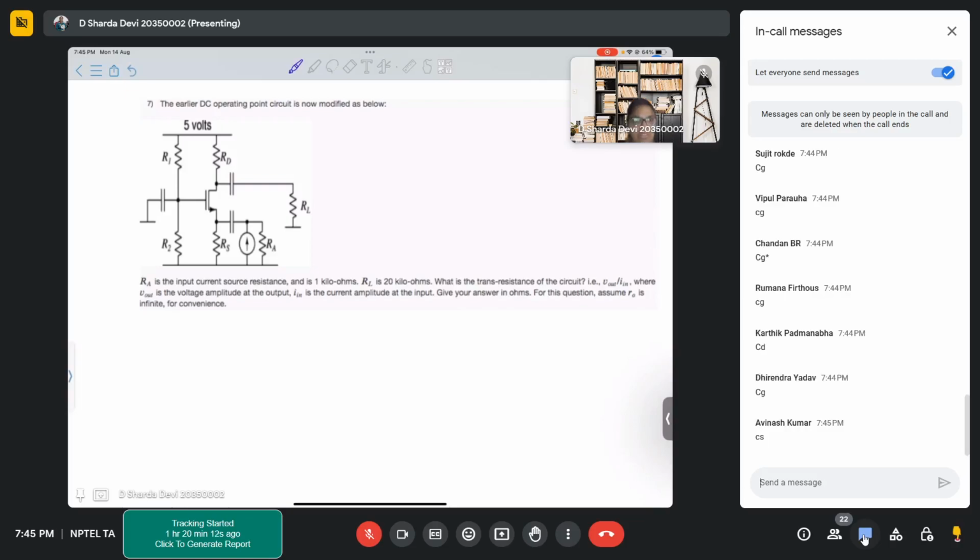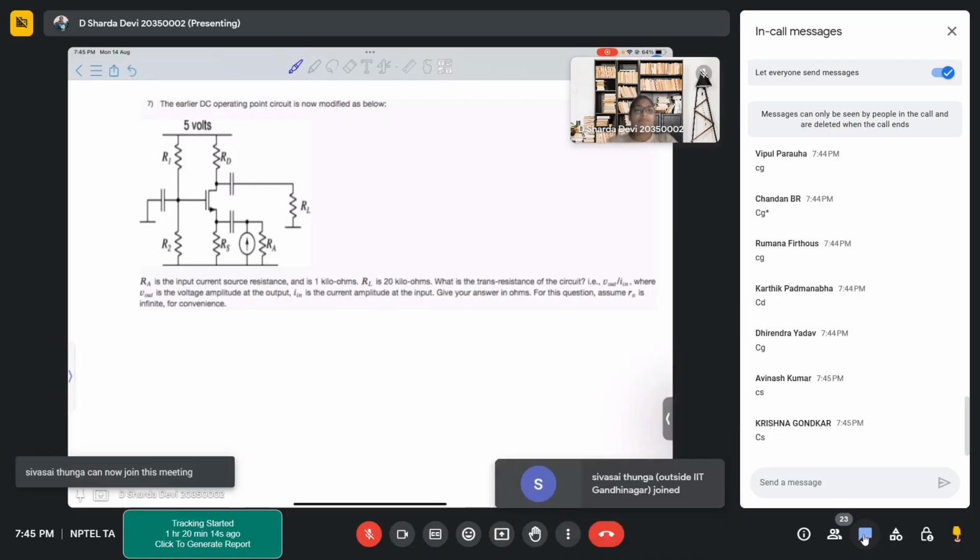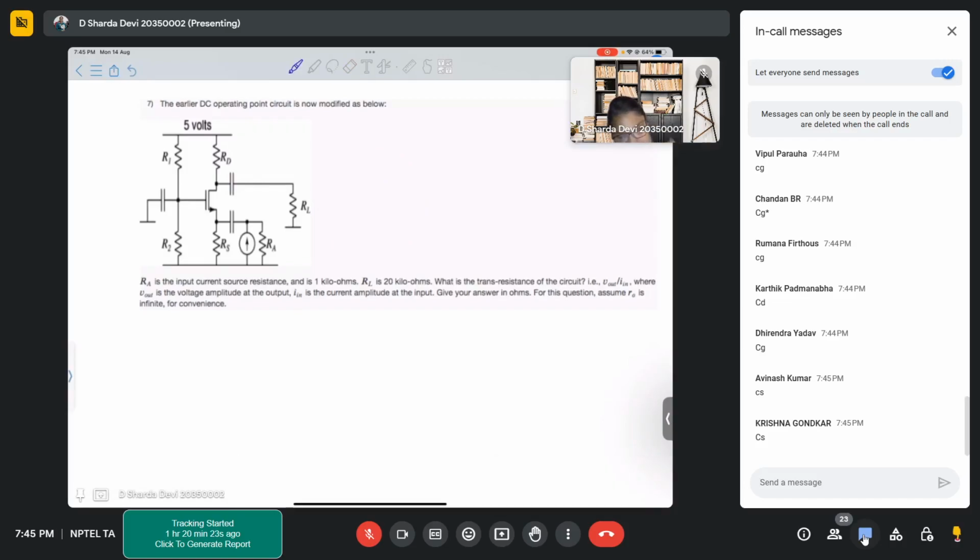So let's observe. You have this particular circuit, right? In this circuit, first of all, there is a source, and the current source is at your source, right? There is a load resistance which is connected to your drain, right?